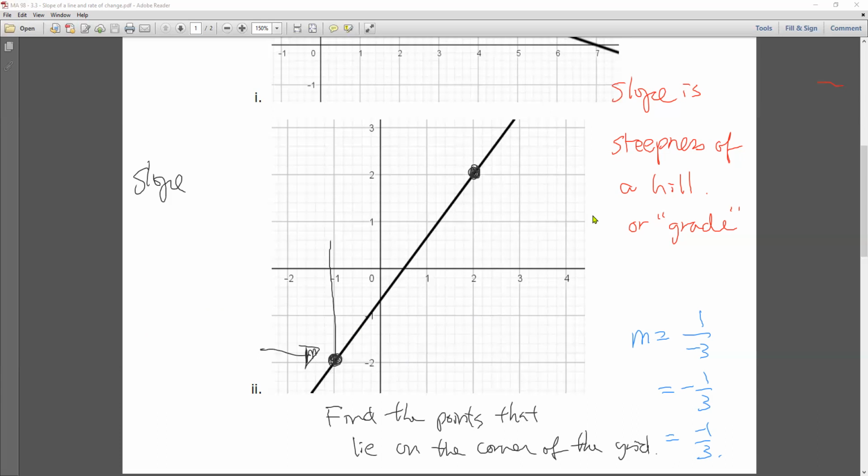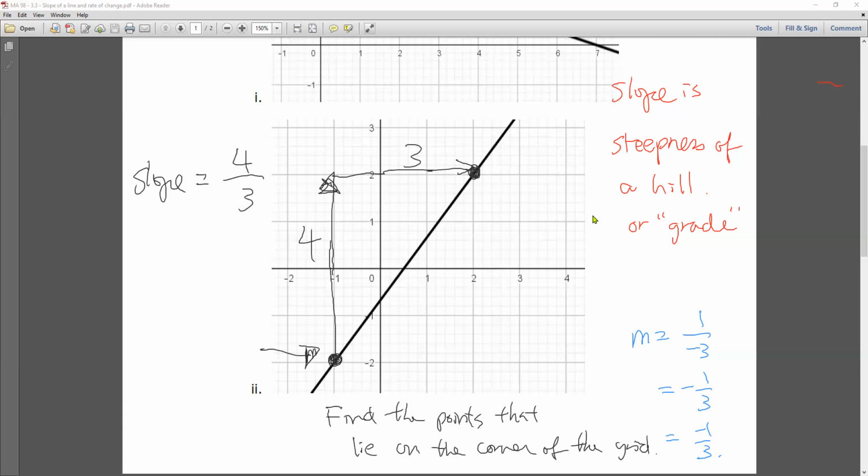It's going to be up 4. And 1, 2, 3 to the right. So my slope will be up 4, which is +4, and my run will be +3 because I'm going to the right. So the slope will be 4/3. Okay. Again, when you find the 2 points, make sure you find the points that are on the corner of the grid. It's going to make your life a lot easier.